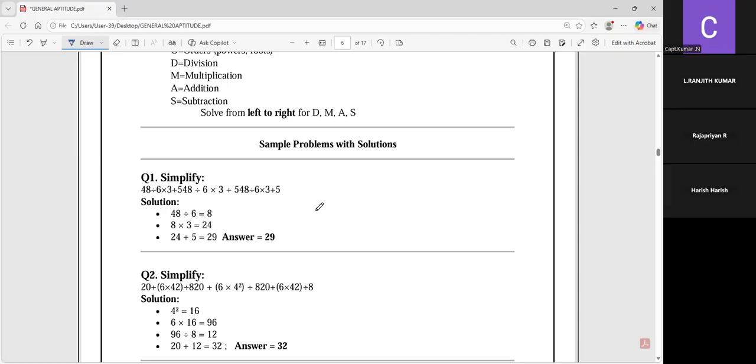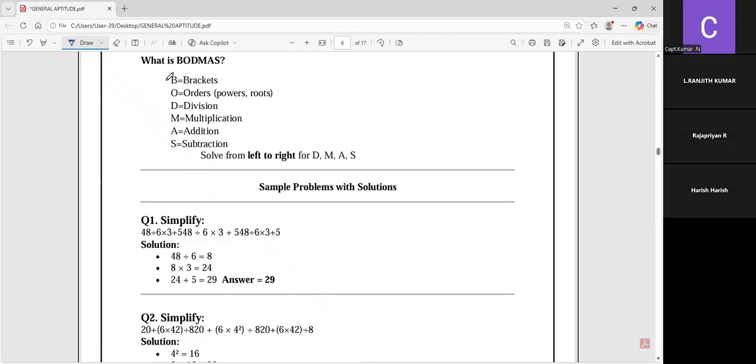Simple method, BODMAS, left-hand side. Any brackets are there? No. So reject the first one. Second, any order, power, is there? No. Okay. Third one, division. First, we are going to finish the division: 48 divided by 6, 8 will come.